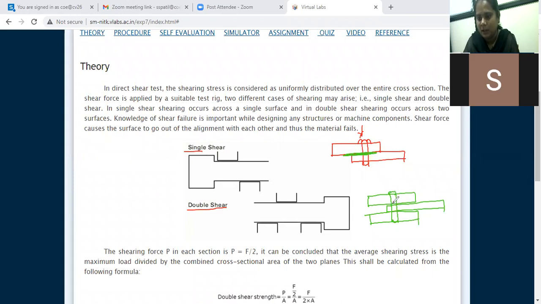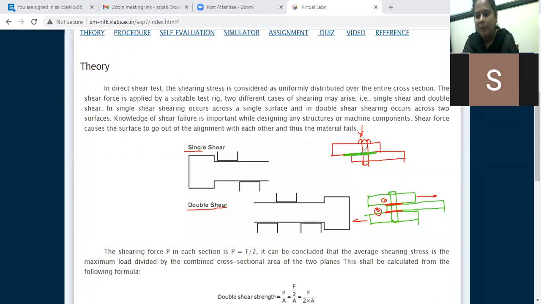Observe here. When we apply load, these plates may be either in tension or in compression. When we apply load, shearing occurs. This is one plane and shearing occurs at that plane. So this is double shearing.